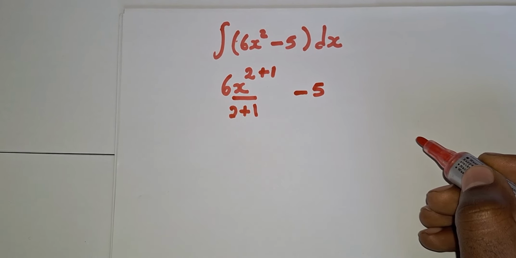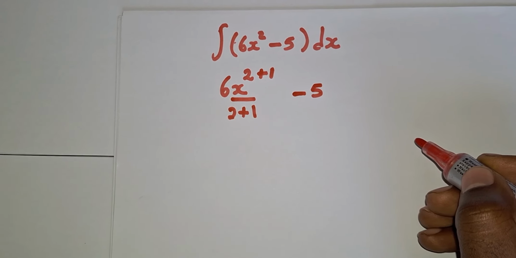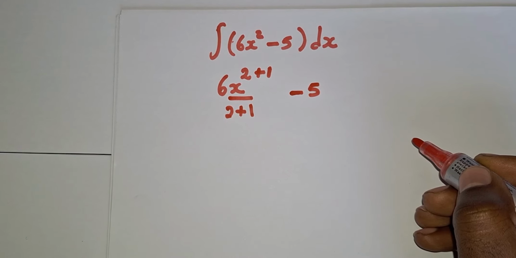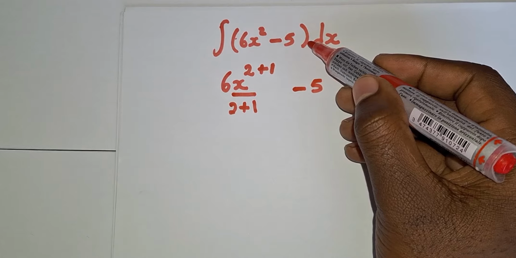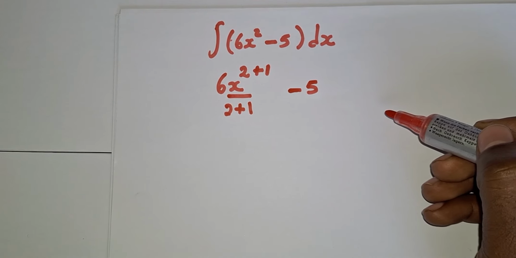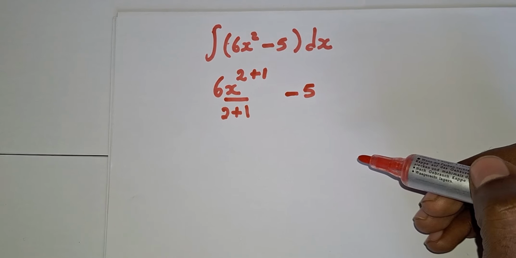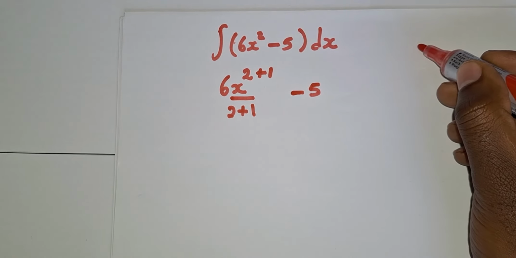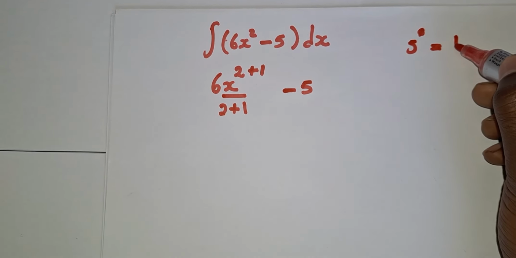In this case, 5 is only a number. But if we look at it mathematically, we know that any number to the power 0 is equal to 1. For example, 5 to the power 0 is equal to 1.